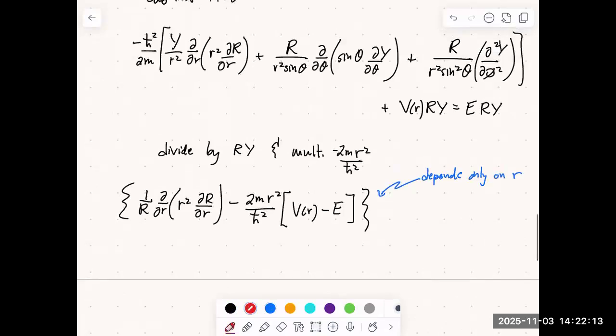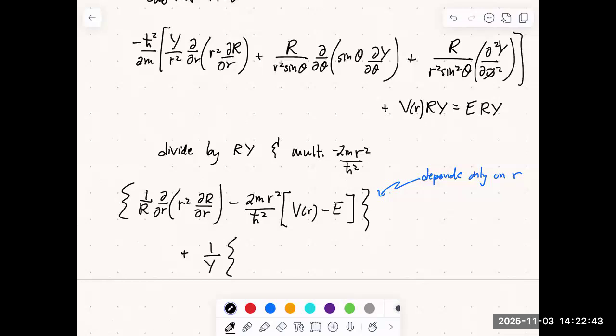Okay, there's some other stuff left over here. These two terms are not accounted for yet. So what do we have? We have a plus. We have to divide by R times Y, so we'll cancel the big R and end up with a 1 over Y out front. And then what's left over, the r squared is gone because we multiplied by r squared.